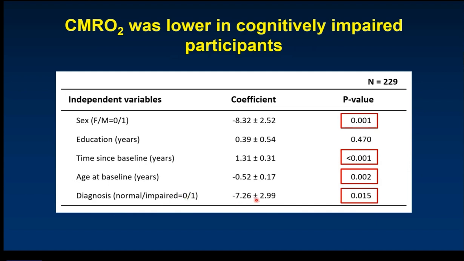From the result, we could see that CMRO2 was lower in cognitively impaired participants. That might suggest that CMRO2 is a sensitive biomarker for neurodegenerative diseases.